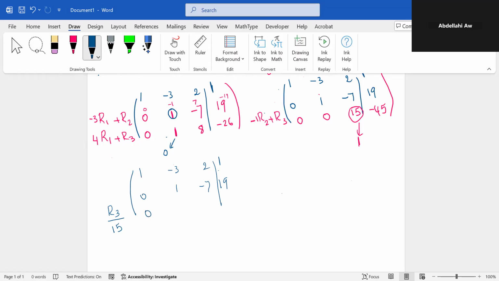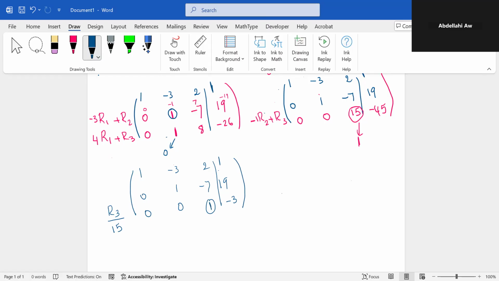Of course, here 0, 0. Everybody, 0 divided by 15 is 0. 15 divided by 15 is 1. This is our pivot. And -45 divided by 15 is -3. The beauty of the Gauss-Jordan elimination method is the Gauss method: if you do it correctly, when you gain a nice coefficient like 0 or 1, you will not lose them.